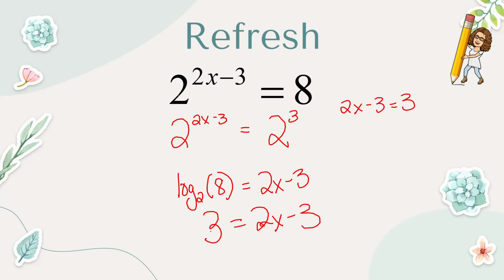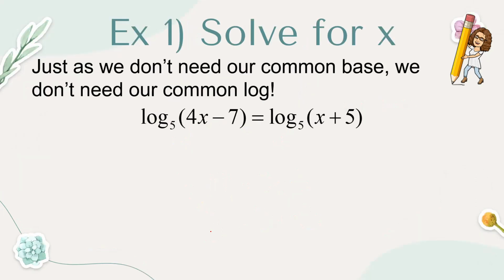Ta-da. Okay? So ultimately, what we're doing is going backwards today. Just as we didn't need to get our common base, we just don't need our common log. In this case, I don't have to worry about the logs because they're the same.